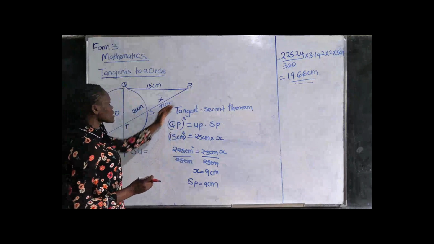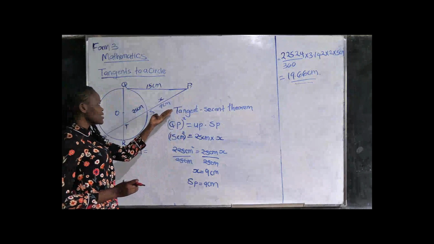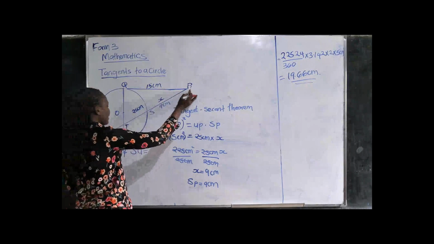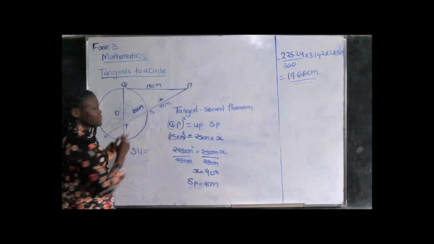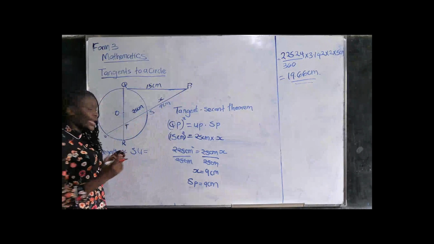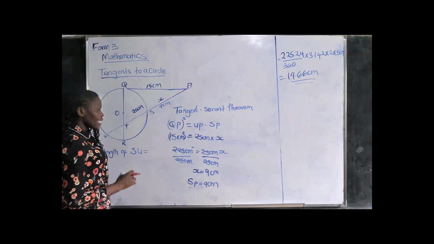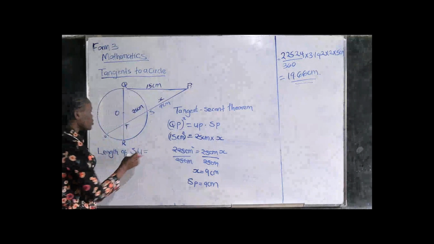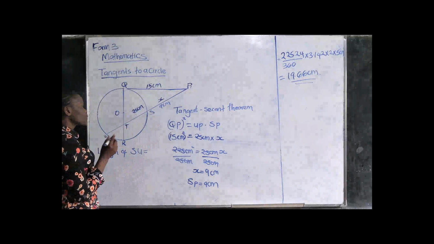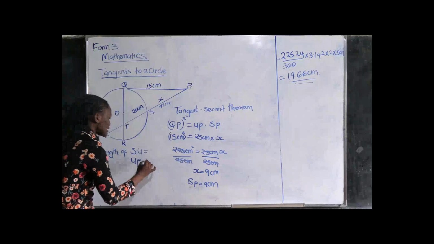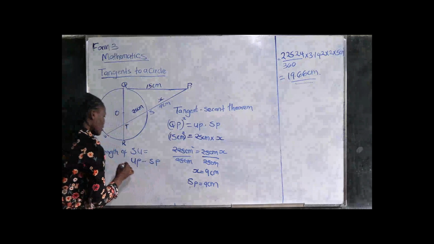Since I have SP to be 9 centimeter, and I was told by the question UP is 25 centimeter, I can now get US or SU. How will I get it? SU will be equal to UP minus SP.